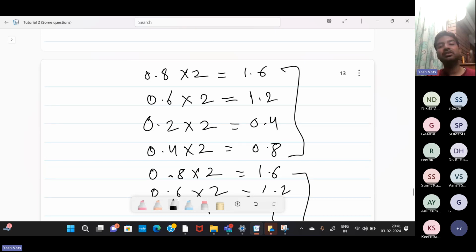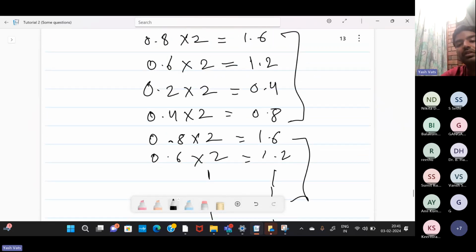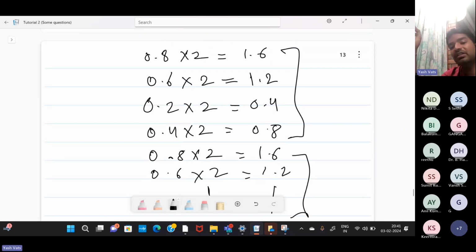Okay, so what is the correct number now? Anybody? What is the binary representation of this number, 0.8? Tell me. 0.1100 whole bar. Wait a second. Let me write 0.0011, right?